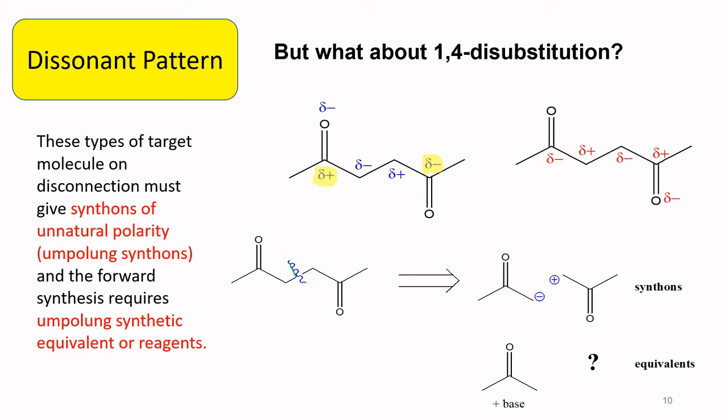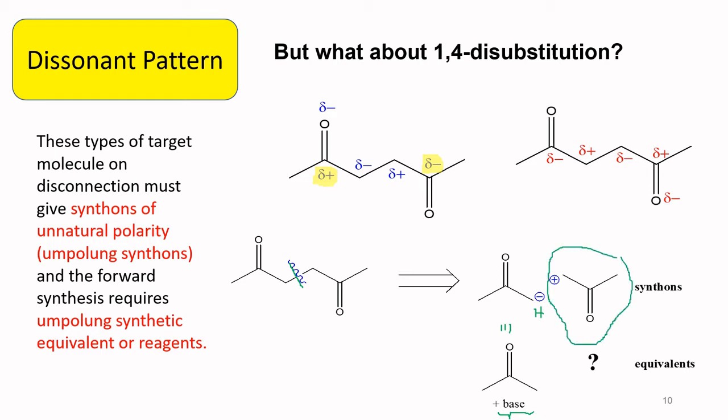If we were to disconnect at this point, we get two synthons: one is the negative synthon and one is the positive synthon. In the case of the negative synthon, we usually neutralize this negative using hydrogen, so our synthetic equivalent is a ketone with a base as a catalyst. And what about the positive synthon?